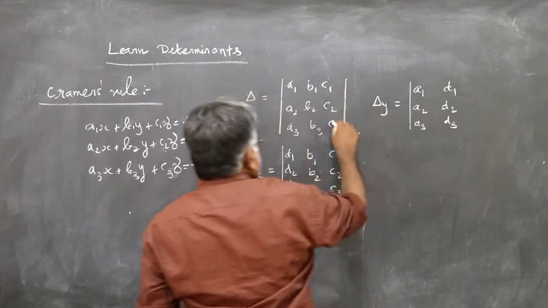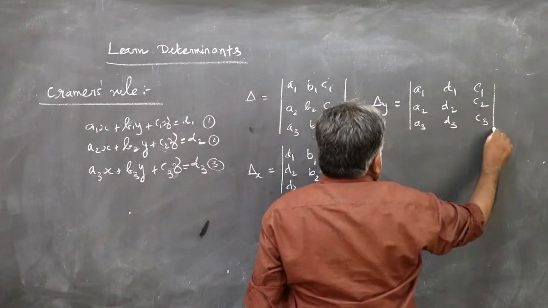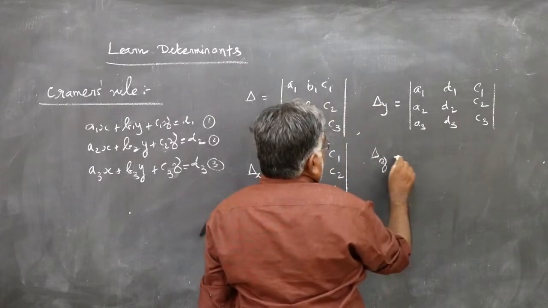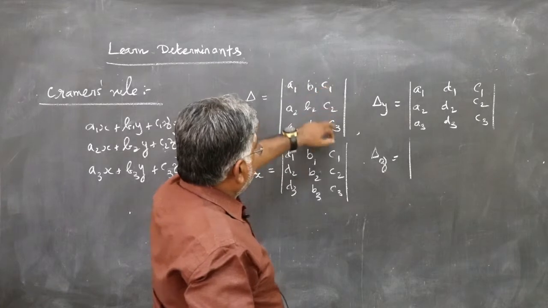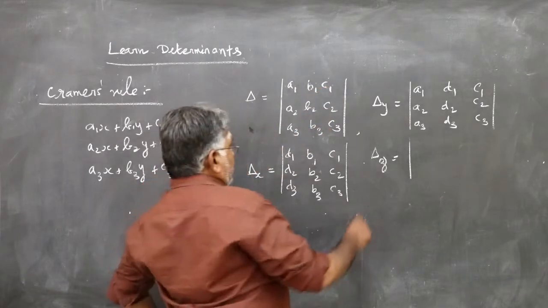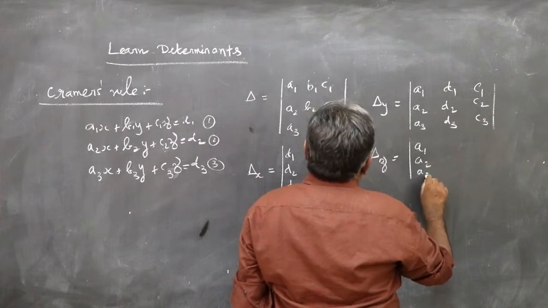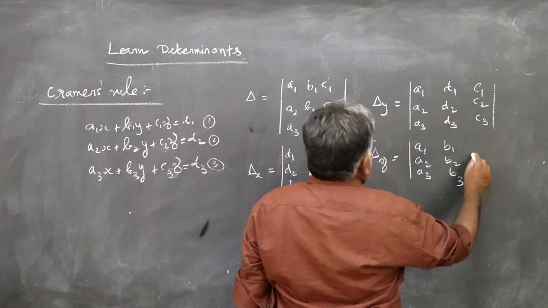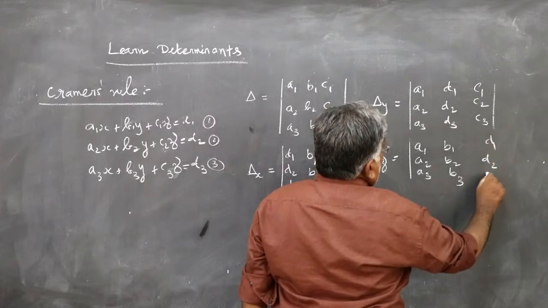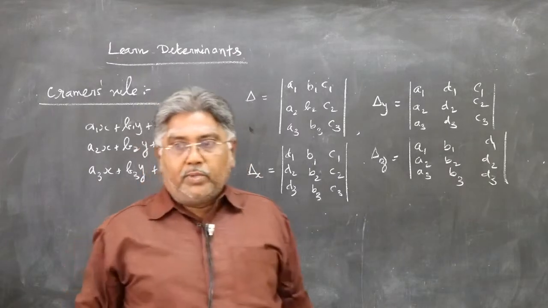Third column will remain as it is, c1, c2 and c3. Then similarly delta z, keep the two columns as they are. The third column you replace by d1, d2, d3. So a1, a2, a3, b1, b2, b3, d1, d2, d3. You have to evaluate all these 4 determinants.